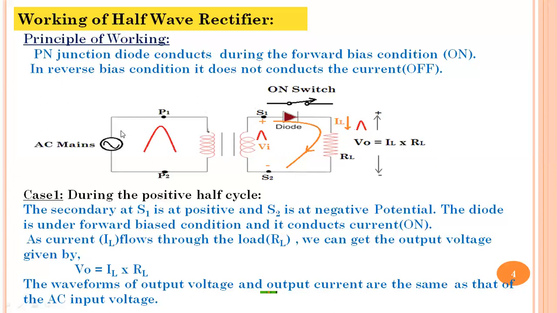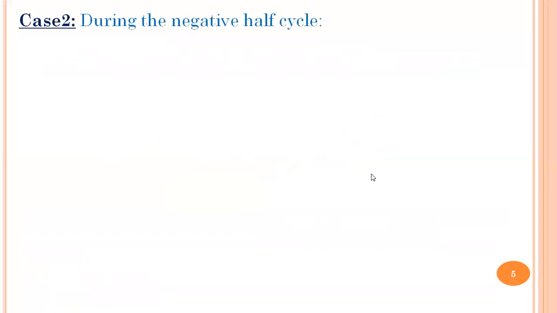Thus the positive half cycle present in the AC input remains the same at the output of the rectifier, which causes the flow of current in one direction, as a result of which we get the plus-minus DC output voltage.